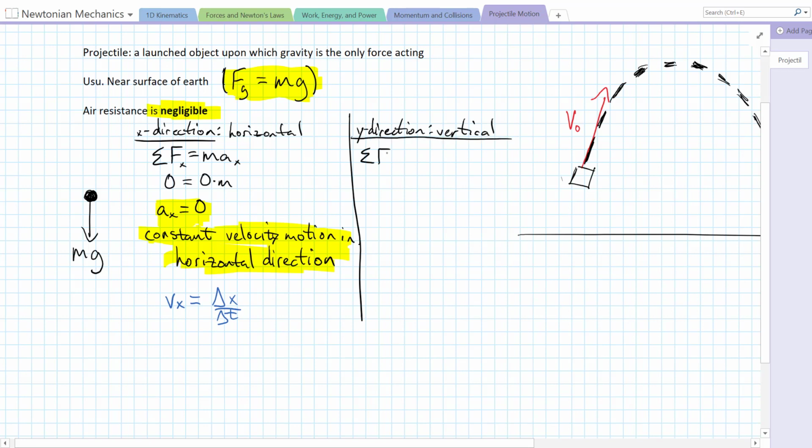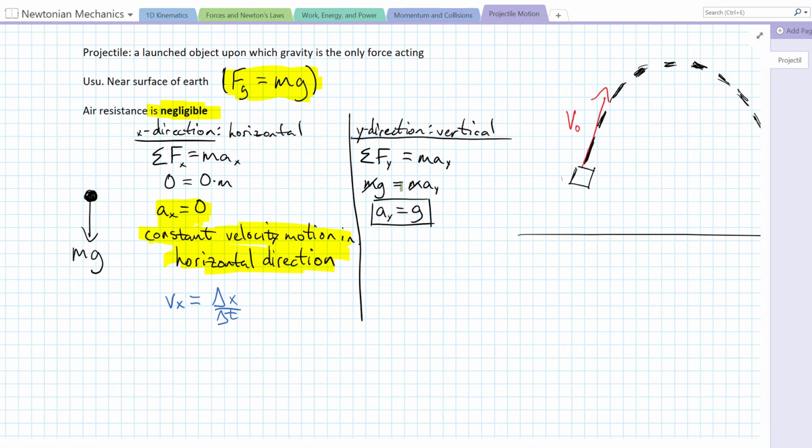Newton's second law says sum of the forces in the y direction equals mass times acceleration in the y direction. Our only force in the y direction is gravity. It points down. So mg is our force. That's equal to mass times our y acceleration. M's cancel on both sides, so we're left with our acceleration in the y direction is just equal to g.